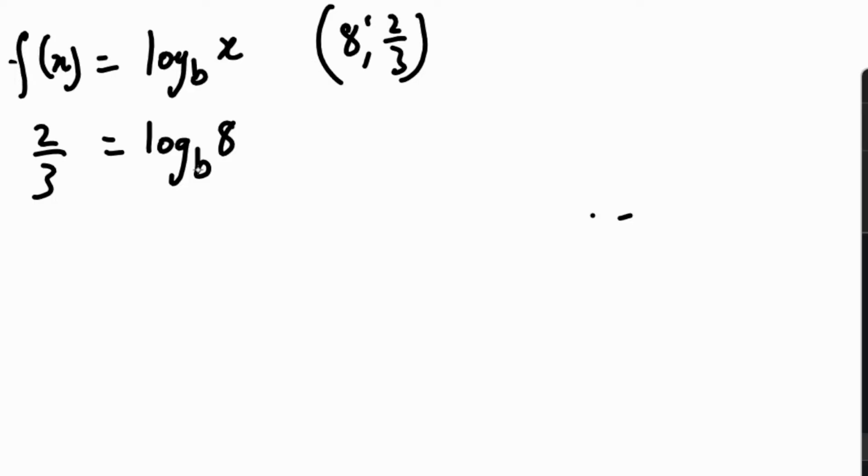And then I've got a b here. Then you use your definition to say b to the 2 over 3 must be equal to 8. You did sets last year, but you can use your knowledge of sets to sort this out.